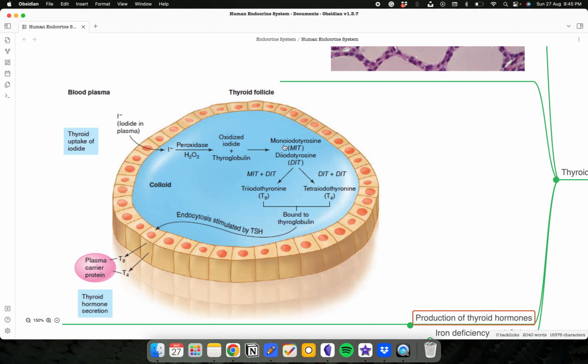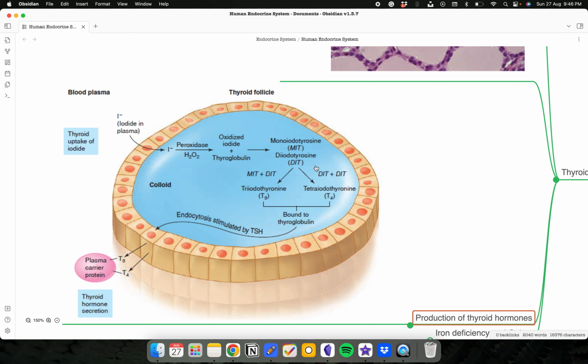You can see from the name that monoiodotyrosine means there is one iodine, and diiodotyrosine means there are two iodines. So MIT contains one iodine and DIT contains two iodines. MIT plus DIT, total three iodines, is called triiodothyronine.